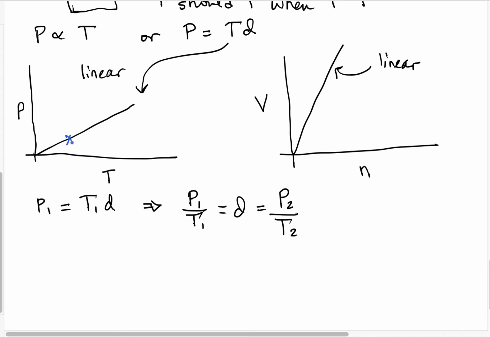So if here is where my P1 and T1 are, then the constant is the slope of this line, right? And so if I go to some other pressure temperature combination, P2, T2, then the slope of the line is the same in both of these places, and so this equivalence still works. So we can solve for these relationships in exactly the same way.